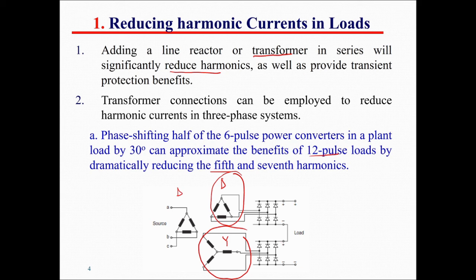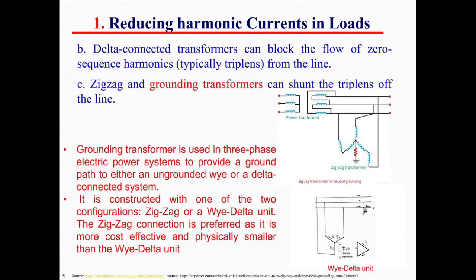And what will be the effect of doing this? It will reduce the 5th and the 7th harmonics. We discussed this one already before. Then if we have a delta connection transformer, that can block the flow of the zero sequence, right? So those will keep circulating and then it will not go to the load.